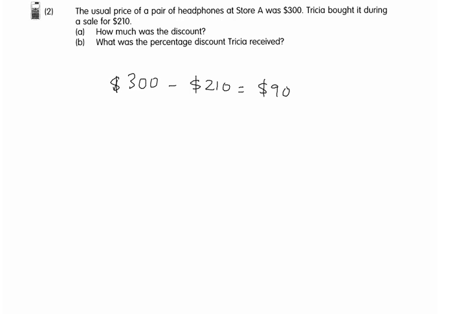Now the question is 90 over what, Charlotte? 90 over 300 or 90 over 210? 300, because we will compare with the usual price. Okay, 90 over 300 times 100% equals to 30%.